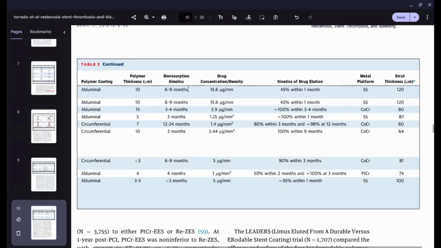How long does it take for the polymer to get resorbed? Mostly a span of 6 months, 6 to 9 months. So that is the time scale we are looking at mostly. Concentration a few micrograms per mm. Kinetics of drug elution, roughly in a month 45%.